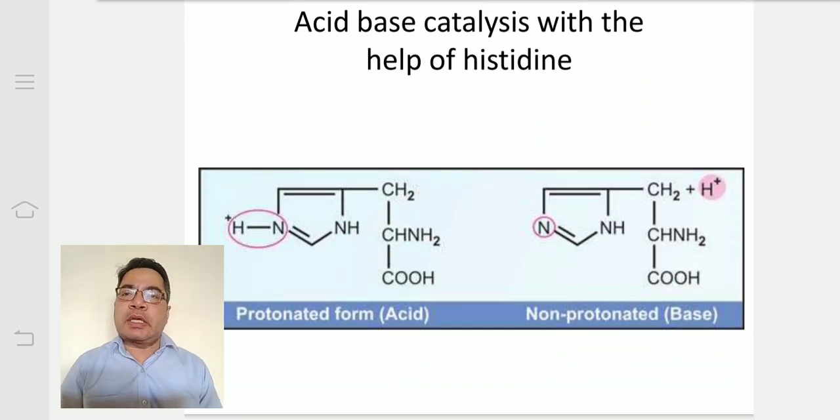In this diagram, we can see acid-base catalysis with the help of histidine. On the left side, the protonated form or acidic form is present, whereas on the right side, the non-protonated form or the basic form is present.